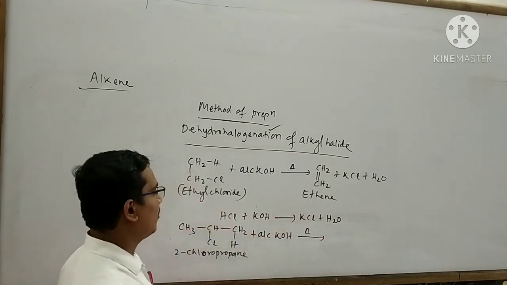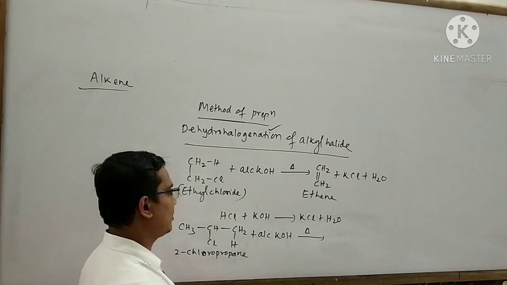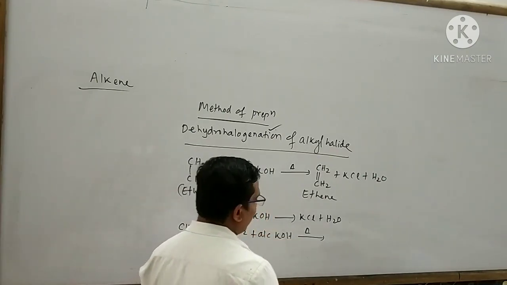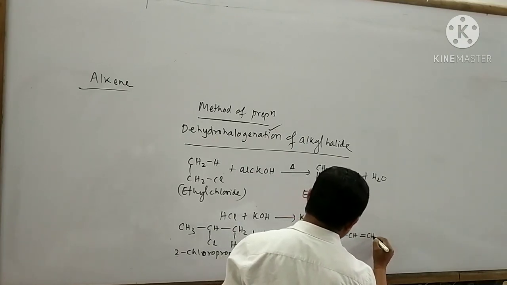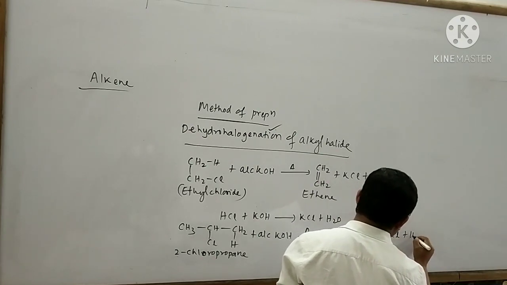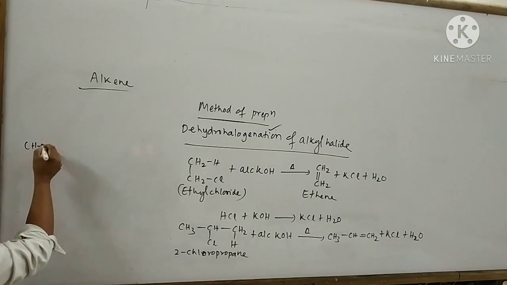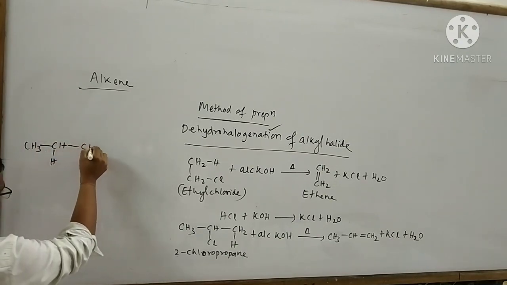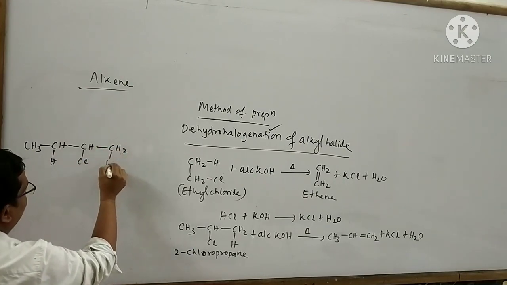There is also loss of an HCl molecule, and the HCl molecule again reacts with the KOH, giving KCl and water. So I can write the product like this: CH3 bond CH double bond CH2, and the byproducts are KCl plus water.